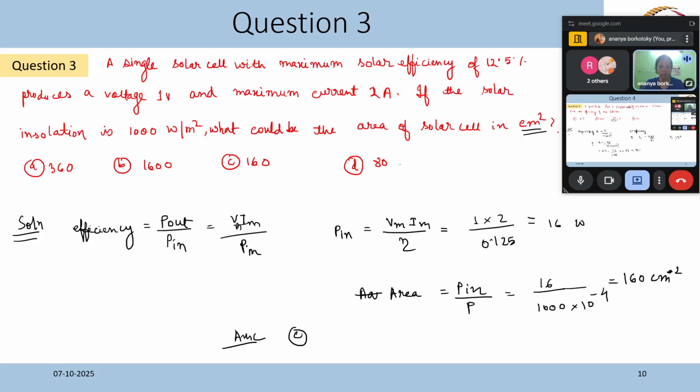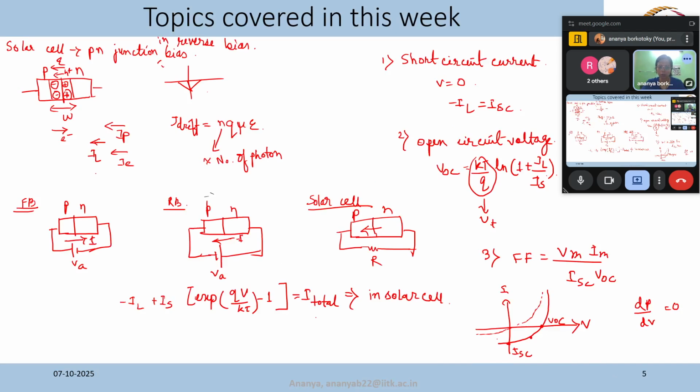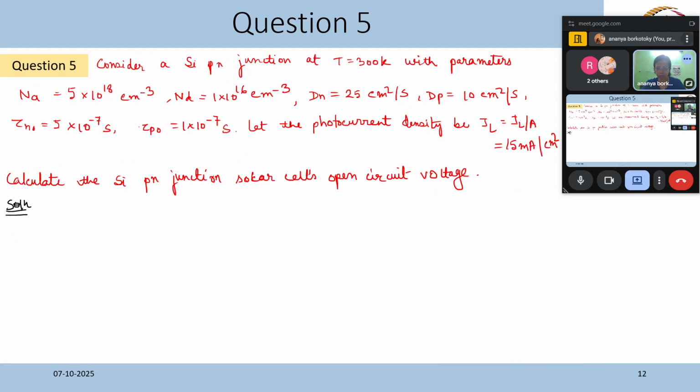What is the open circuit voltage formula? Remember this, right? We say I total is 0, so if we arrange this expression, we get the open circuit voltage. So VOC, open circuit voltage, is KT by Q ln of 1 plus IL by IS.